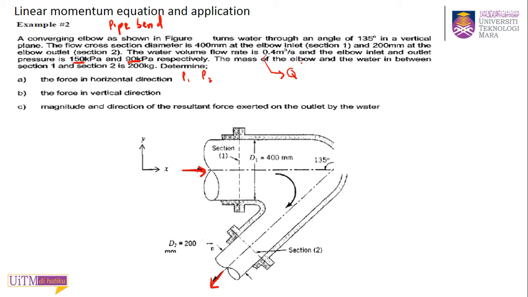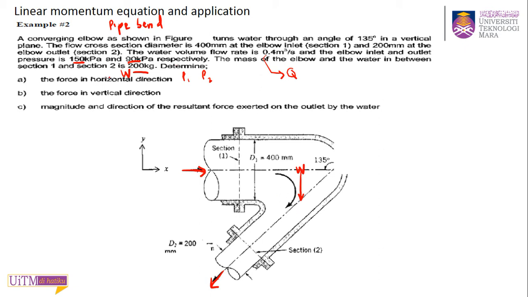The mass of the elbow and the water in between section 1 and 2 is 200 kilogram. So that means you have W force. So they give you the mass of the elbow and the water, so there must be a term W, ke bawah lah. Force weight always goes downwards, kan. You have your weight.